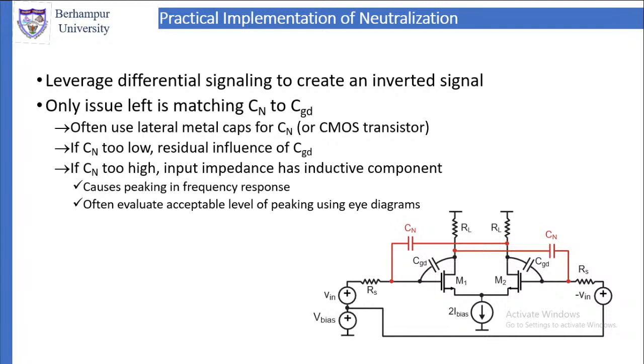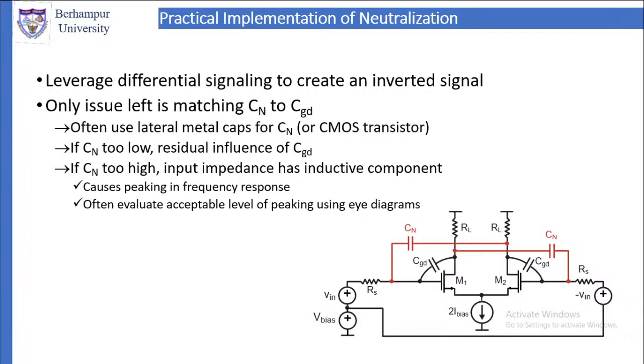We are using the differential signaling to create an inverted signal. The only issue left is matching Cn to CGD. How do you match Cn to CGD? Either we use a CMOS transistor for Cn and appropriately bias it to get Cn equal to CGD, or slightly over bias it, over neutralize it, or mostly people use metal capacitors instead of poly capacitors.